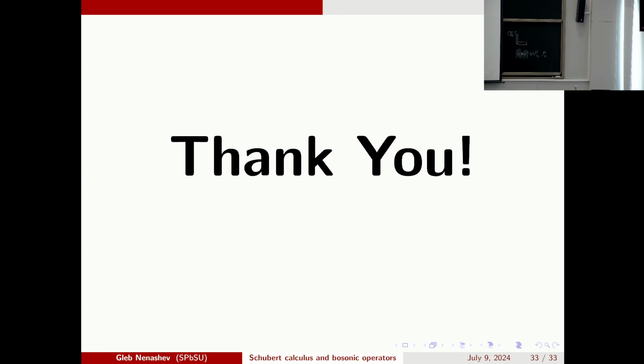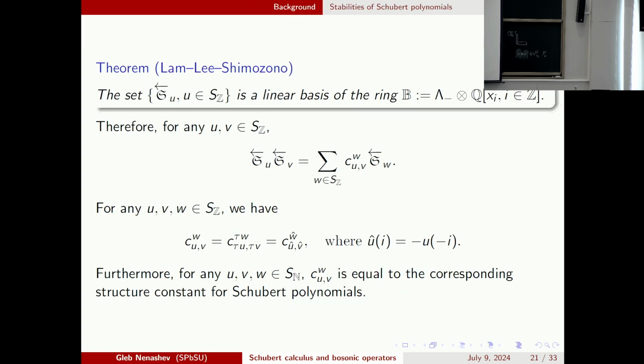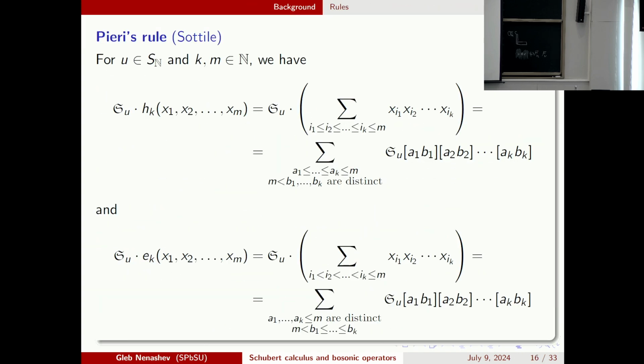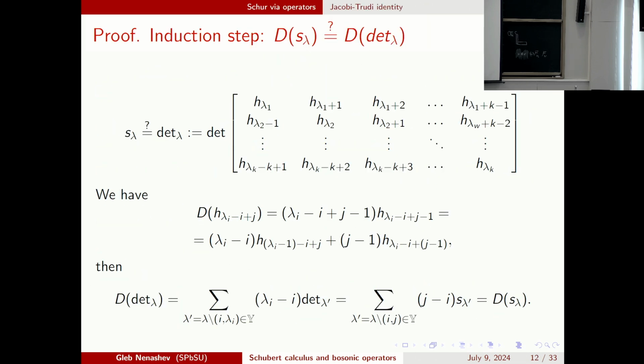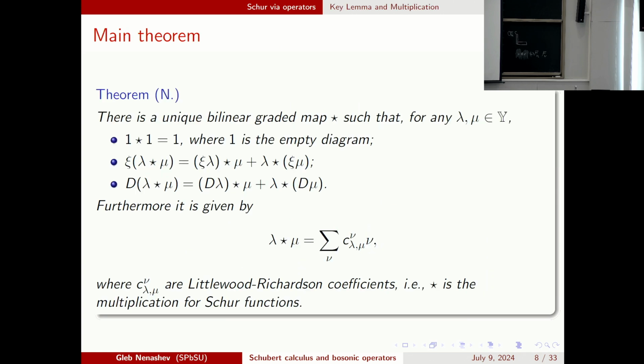Any more questions? Okay, then maybe a short question from me. You started by saying that Okounkov spoke about these initial operators rho because of the connection with the z-measures. It's on my slide, yes. So if we now turn to the Schubert case.